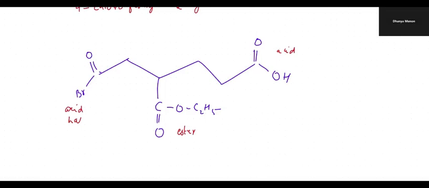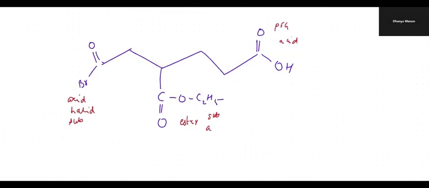So definitely the acid is the primary functional group. And ester is the substituent. Acid halide is also the substituent. Now, if ester is the substituent, we use alkoxycarbonyl. In this case, the alkyl group is ethyl group, so ethoxycarbonyl.